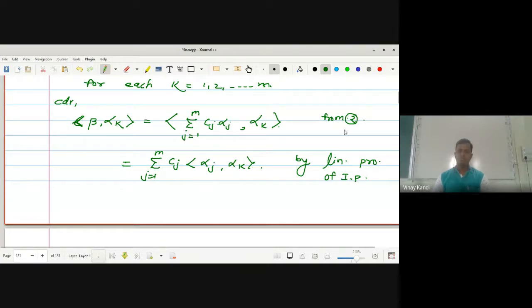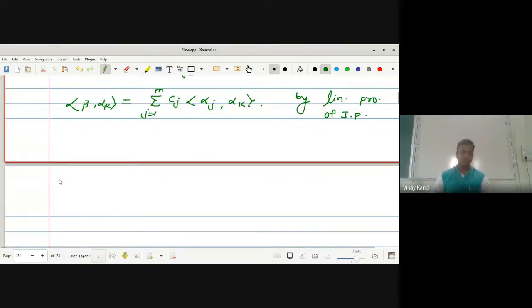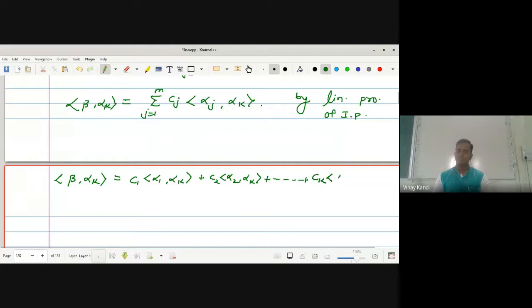There will be m terms, from which I took Cj common and wrote it again in the summation. So what will come? The inner product of beta with alpha k is equal to the summation: C1 alpha 1 alpha k plus C2 alpha 2 alpha k plus up to so on Ck alpha k alpha k plus up to so on Cm alpha m alpha k.